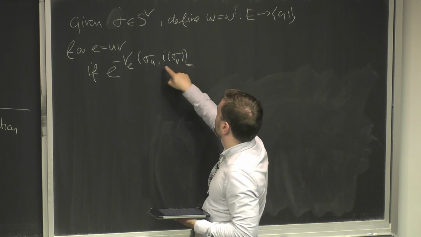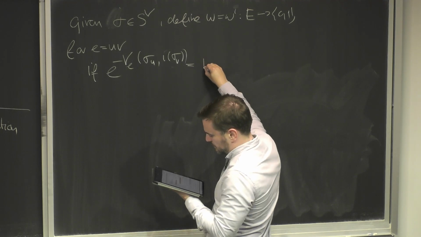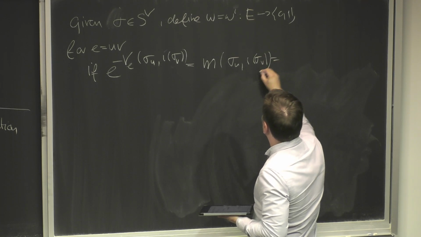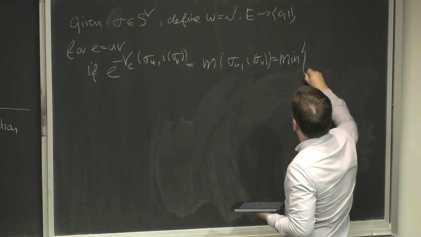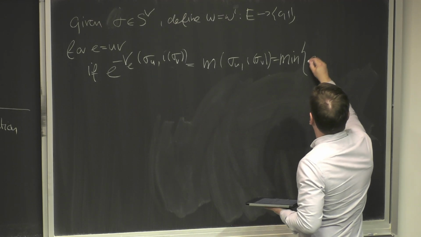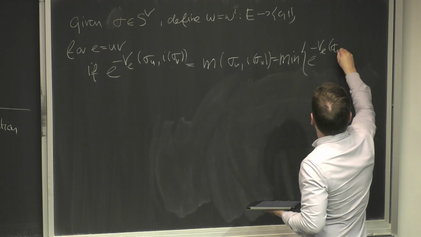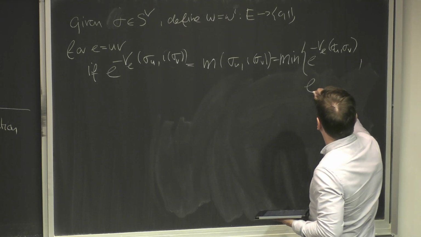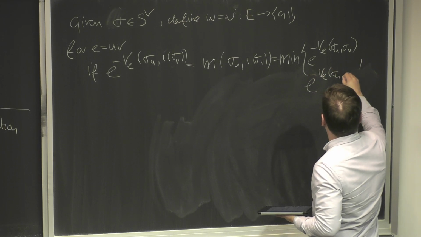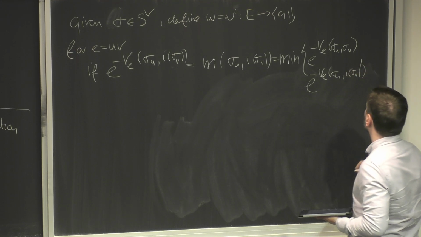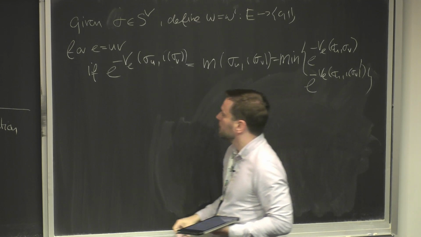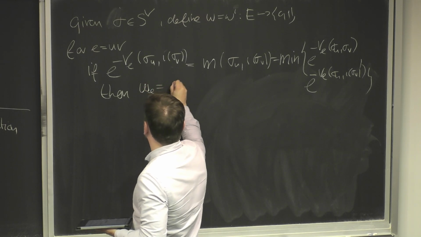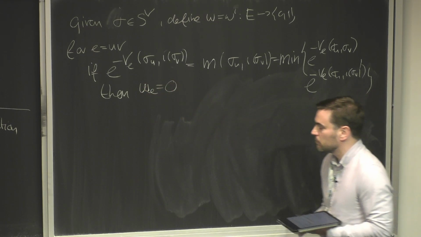But if this is actually the minimum of the two possibilities, e to the minus V of sigma u sigma v, and the one where I flipped, sigma u iota sigma v, I call it little m. Then I say that this edge is closed. Then omega at e is 0.